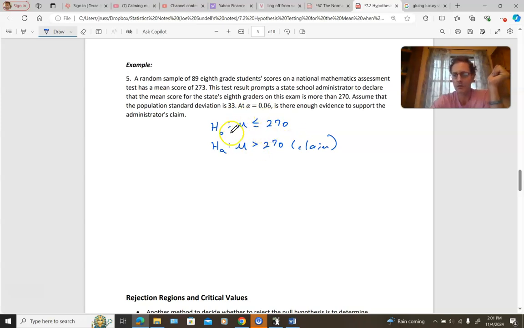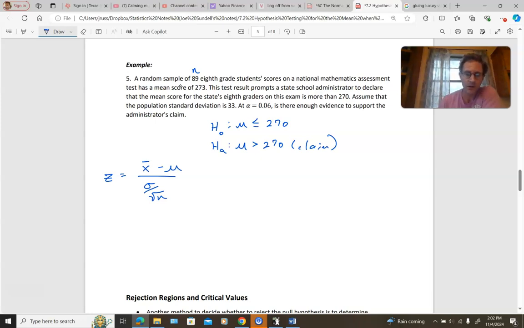All right, so go ahead and do this first. Now I'm going to find our standardized test statistic, and then we'll find P, and we'll compare that to alpha, and that'll dictate what we do here. Let's define n as 89, because we're going to be using that formula. It's x bar minus the hypothesized mean divided by standard deviation over the square root of n.